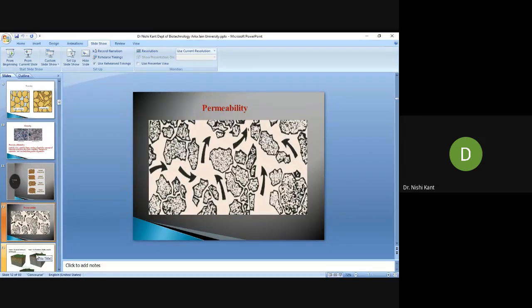The better sorted a sediment is, the greater its permeability. Tightly packed sediments have smaller pathways than loosely packed sediments, so the more tightly packed the sediments, the lower the permeability. Cementation, compaction, and pressure solution reduce the permeability.